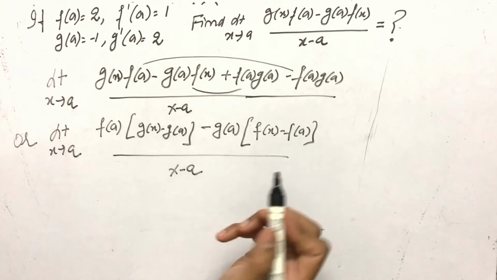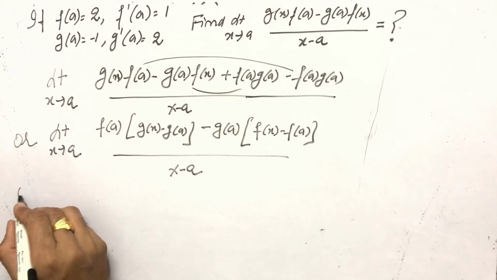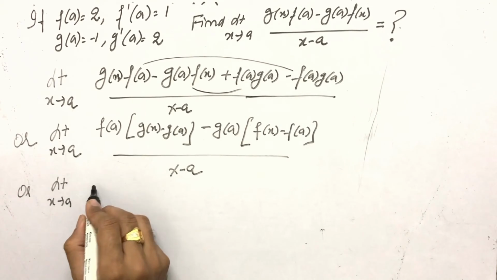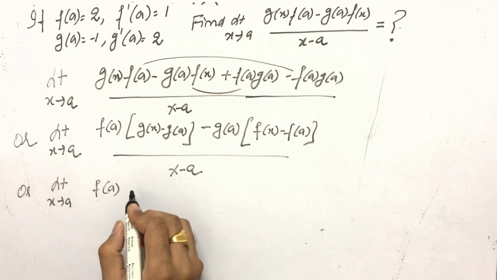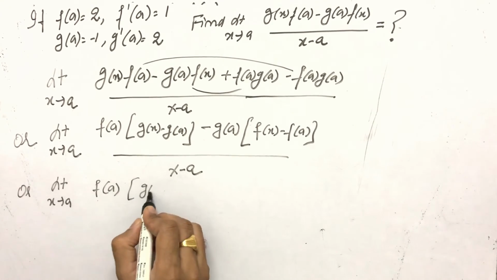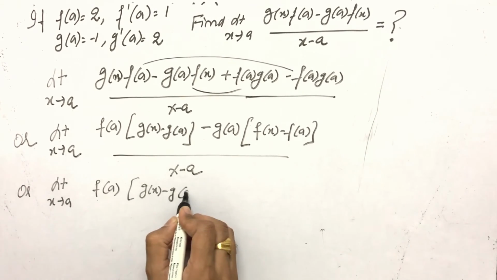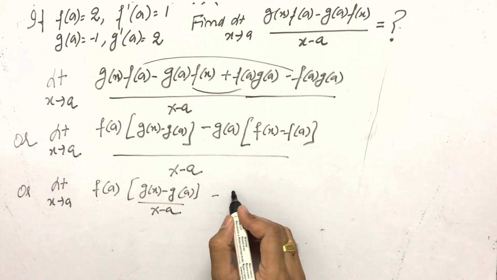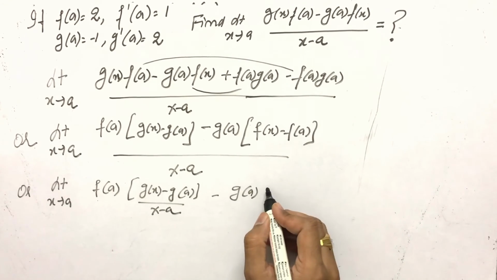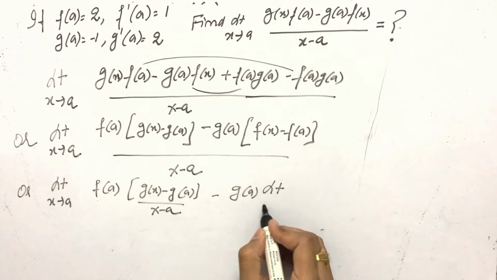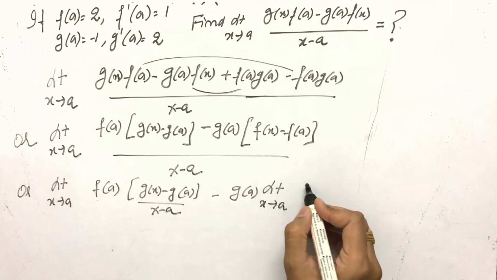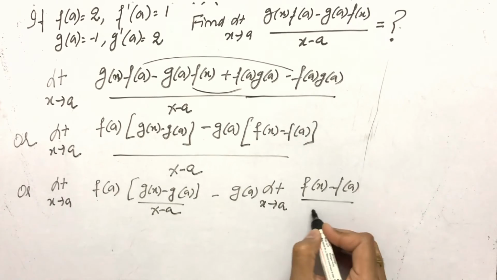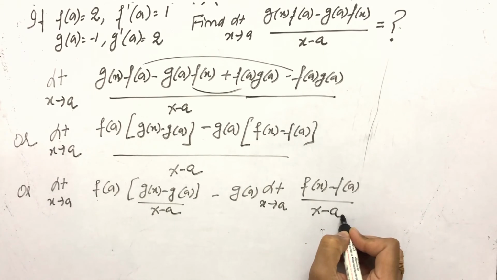Now separating this into two parts, it becomes limit x tends to a of f(a) times [g(x) - g(a)] upon x - a, minus g(a), which is constant and can be written outside, times limit x tends to a of [f(x) - f(a)] upon x - a.